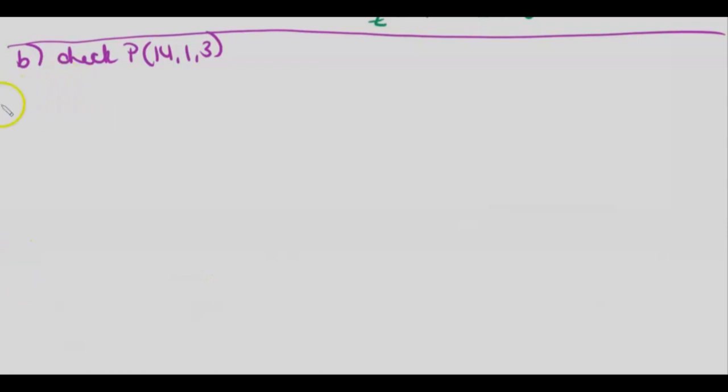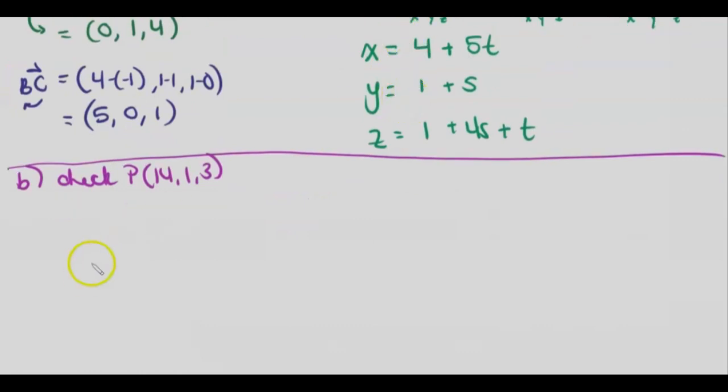We want to check this in the parametric equations. They're right here. So x equals 4 plus 5t, y equals 1 plus s, and z equals 1 plus 4s plus t.